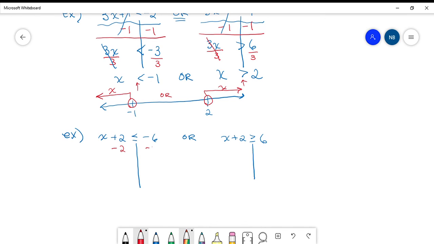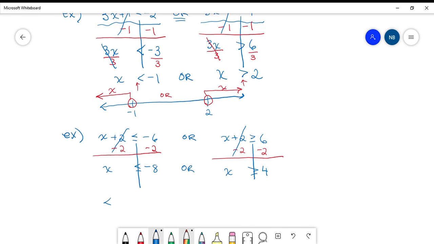Subtract 2 from both sides, and you get x is less than or equal to negative 8. Or, subtracting 2 from both sides, you get x is greater than or equal to 4. Now, I should have crossed off 2 minus 2 is 0, 2 minus 2 is 0.